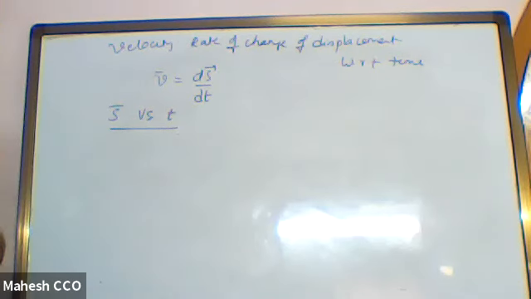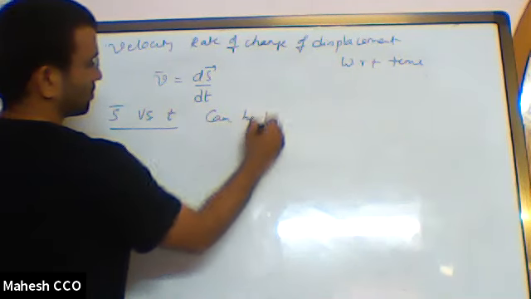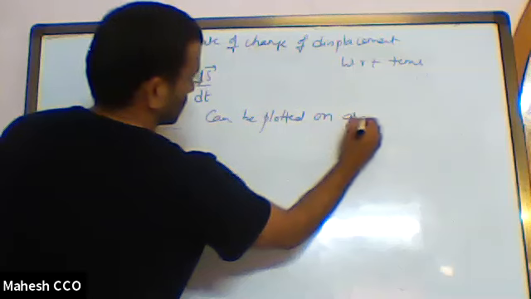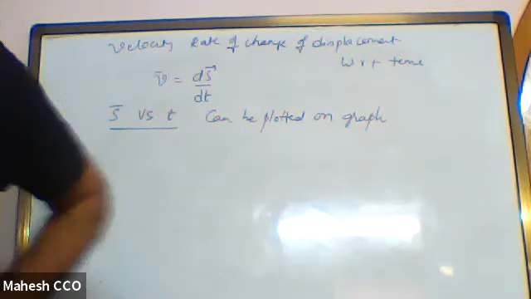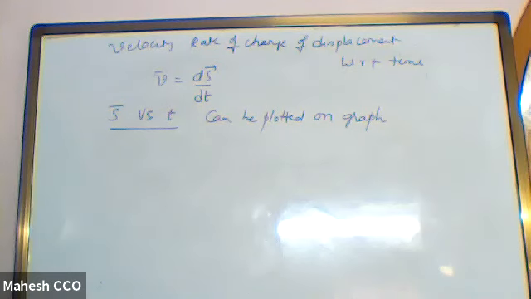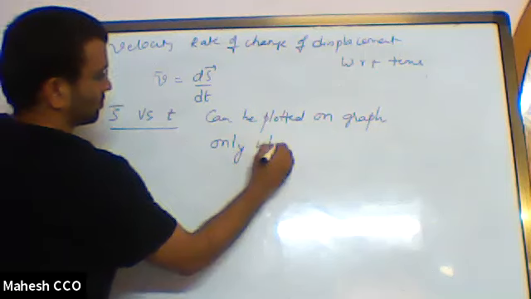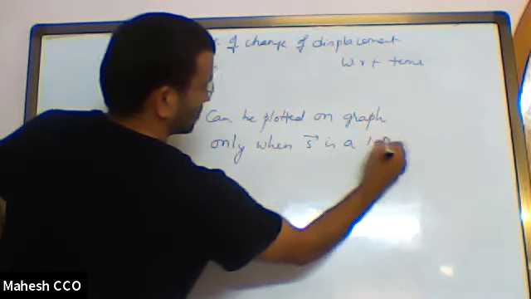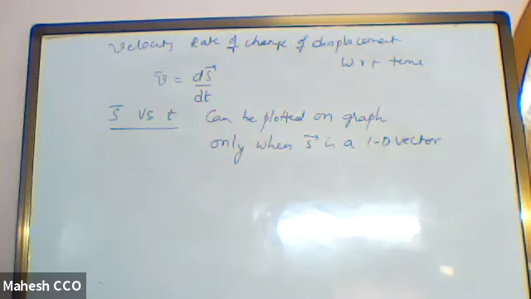S bar versus t can be plotted on a graph only when S bar is a one-dimensional vector.